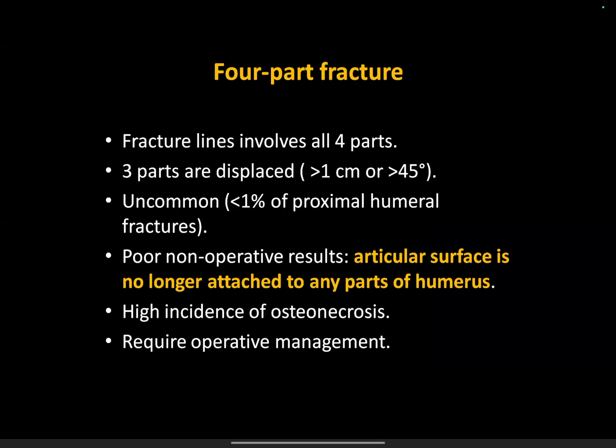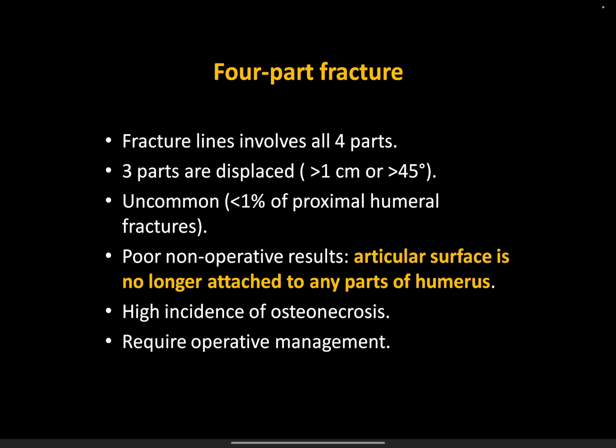Last but not least, we have the four-part fractures. So three parts are displaced more than 1 centimeter or angulated more than 45 degrees. Luckily for us, they're quite uncommon, making less than 1% of proximal humeral fractures, and they usually have poor non-operative results. Why? Because the articular surface is no longer attached to any parts of the humerus.